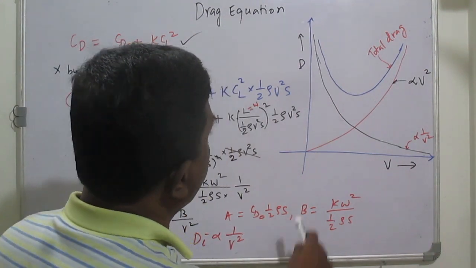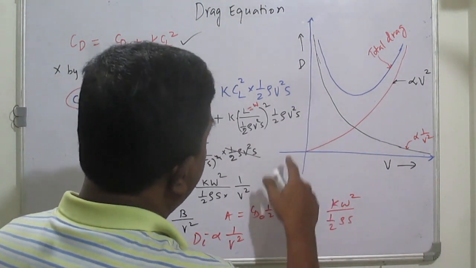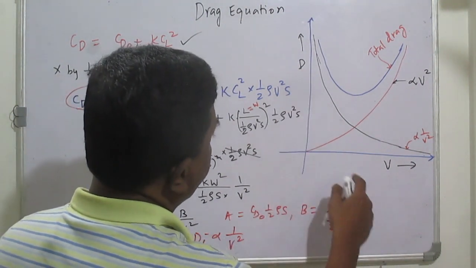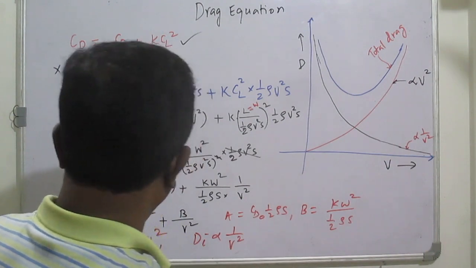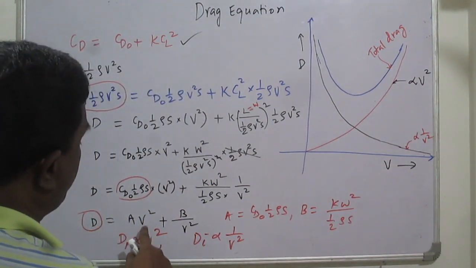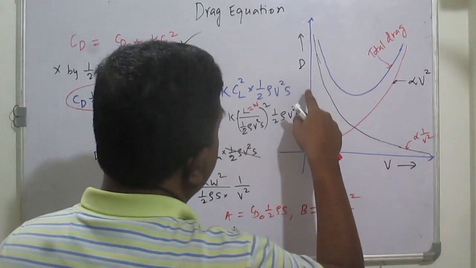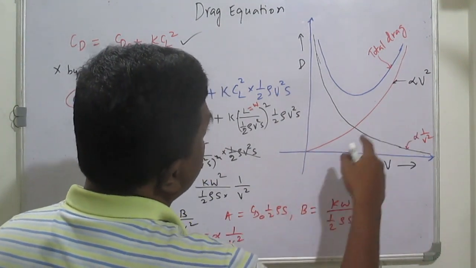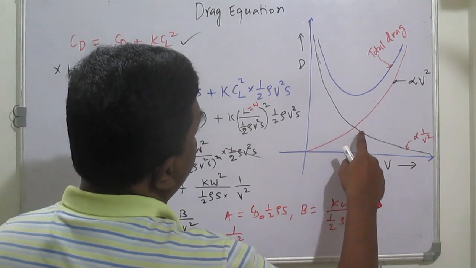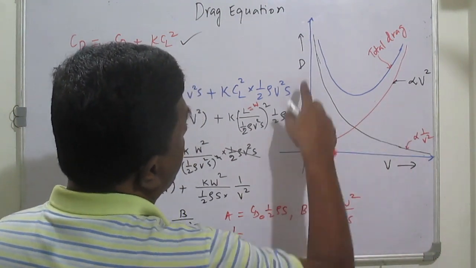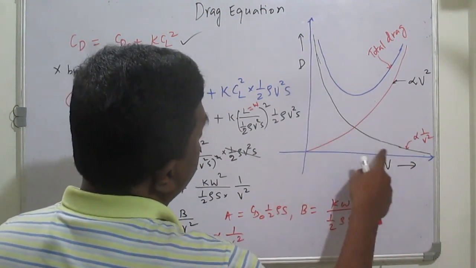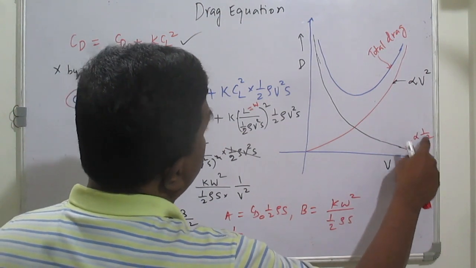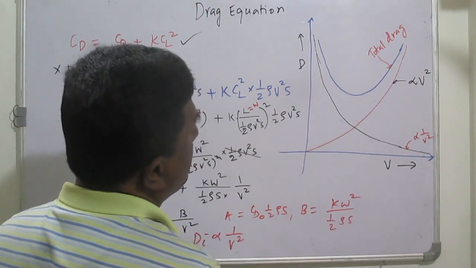I hope this shows how the drag varies with respect to velocity, how drag is directly proportional to velocity square in the case of parasite drag, and inversely proportional to velocity square in the case of induced drag.